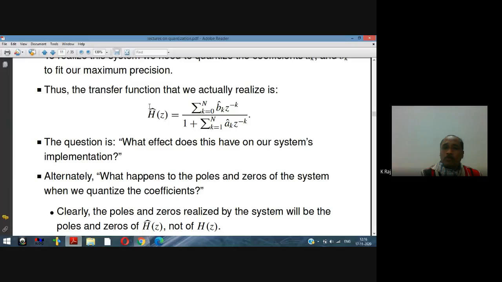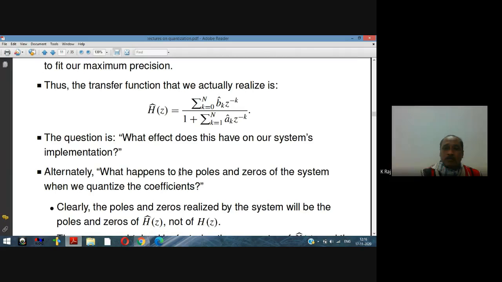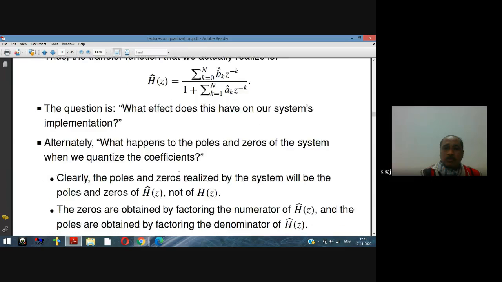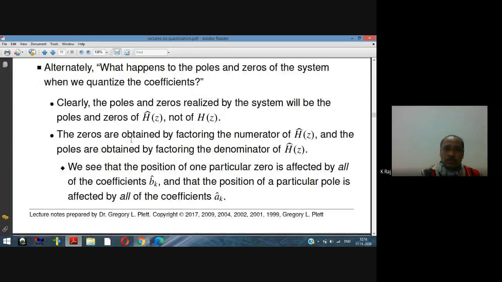So now we will get a new modified transfer function, that is H cap z here, and we are moving to this concept in order to describe the differences between H(z) and H cap z.